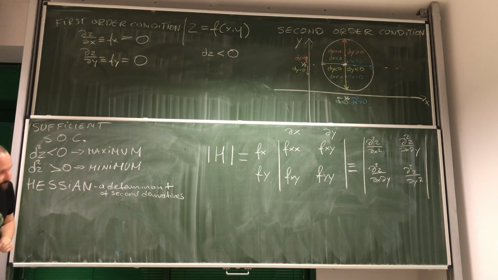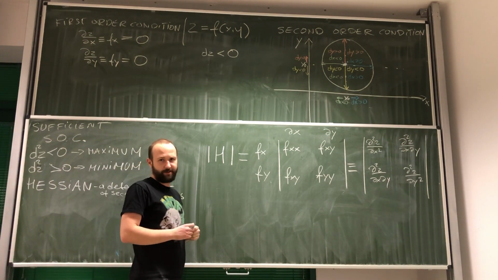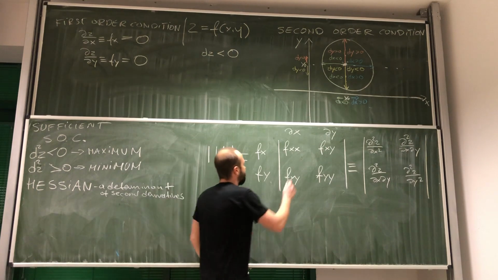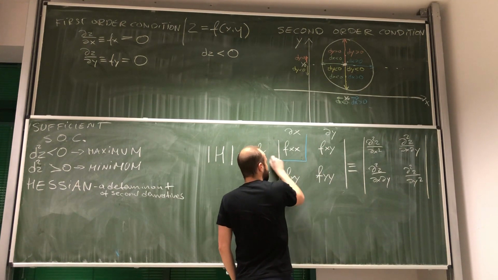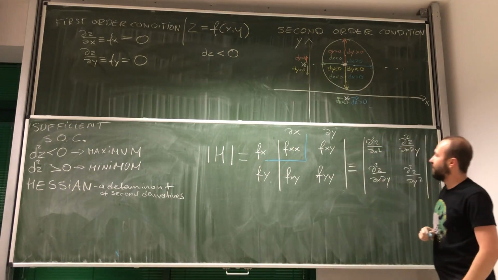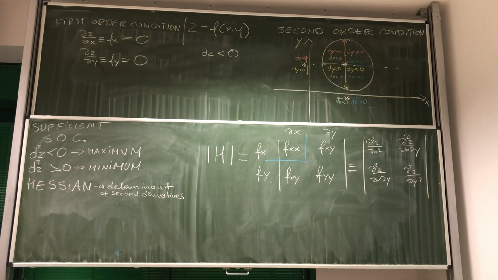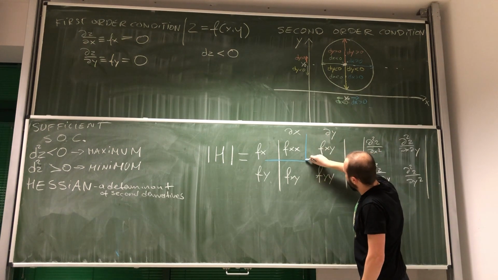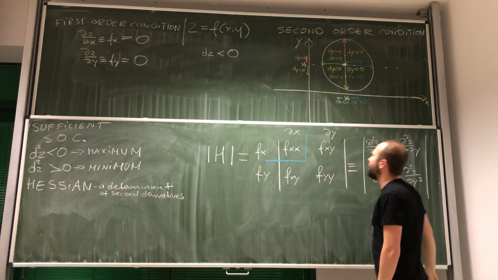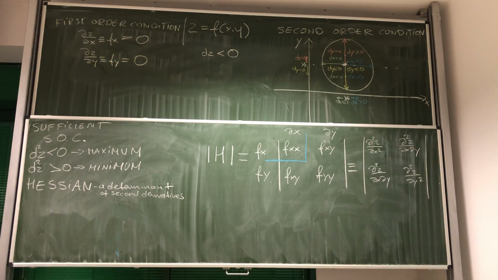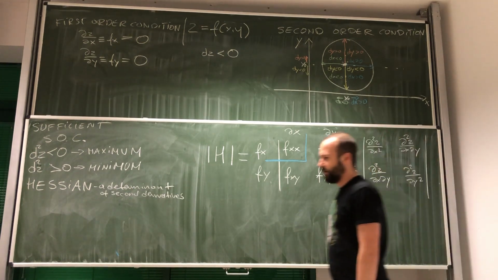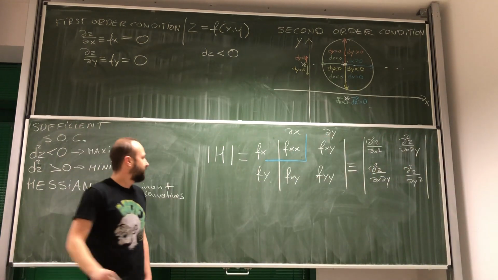One more thing: principal minors. I don't know if you remember those from our matrix algebra, but this over here is what we're going to call the first principal minor of the Hessian, or H1 for short.